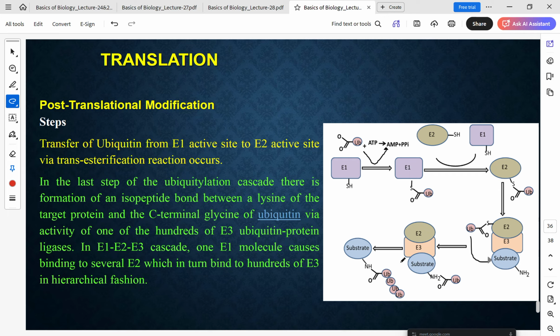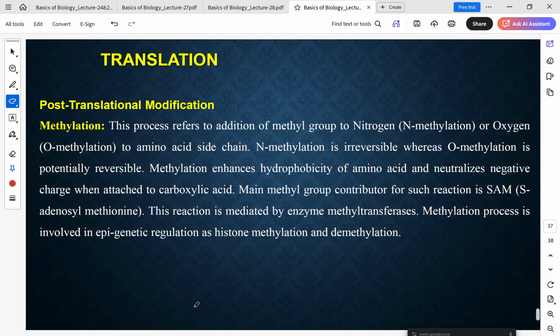And then in the last step, there is an isopeptide bond between lysine of the target protein and the C-terminal of the ubiquitin via activity of one of the 100 E3 ubiquitin protein ligases. So in this cascade, one E1 molecule causes binding to several E2, which in turn causes binding to hundreds of E3 in a hierarchical fashion.